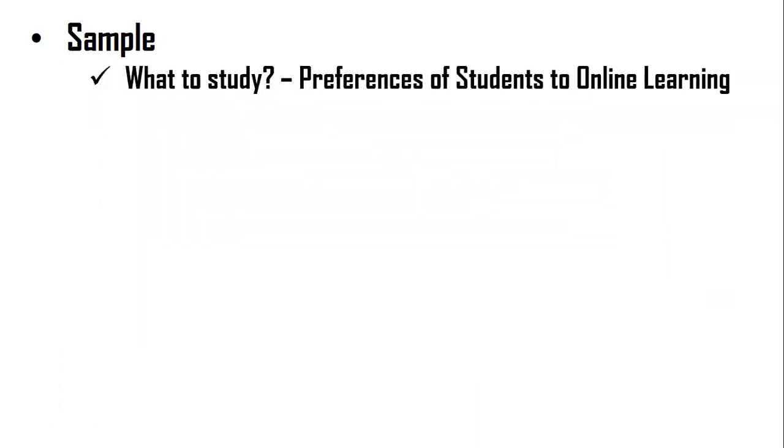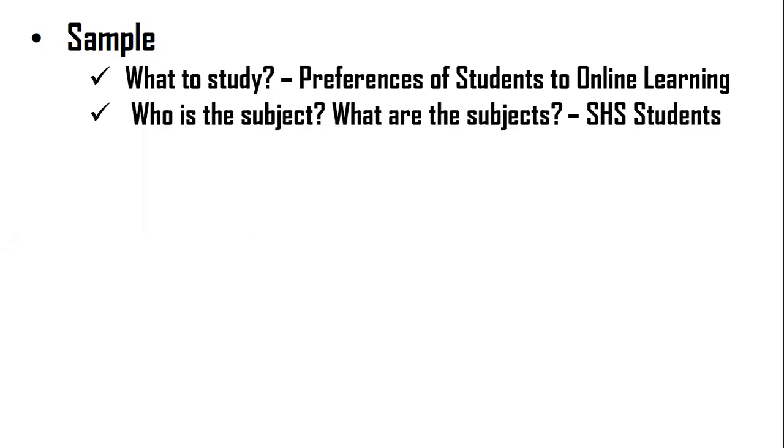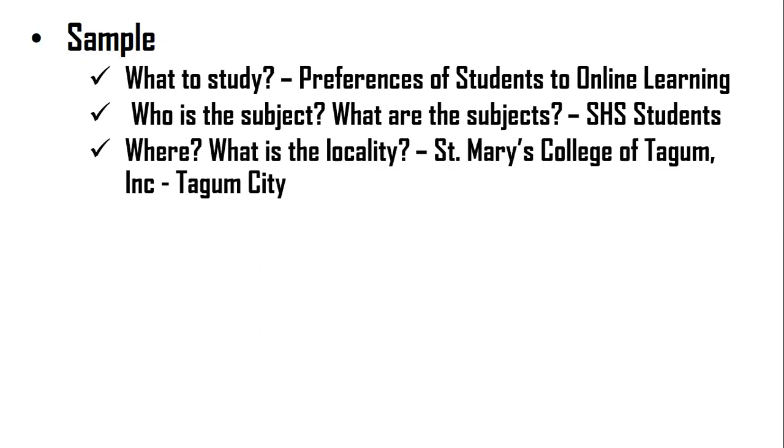So let's have another one. Let's say what to study is the preferences of students to online learning. Who are the subjects of the study? Senior high school students. Where or what is the locality? St. Mary's College of Tagum Incorporated, Tagum City.